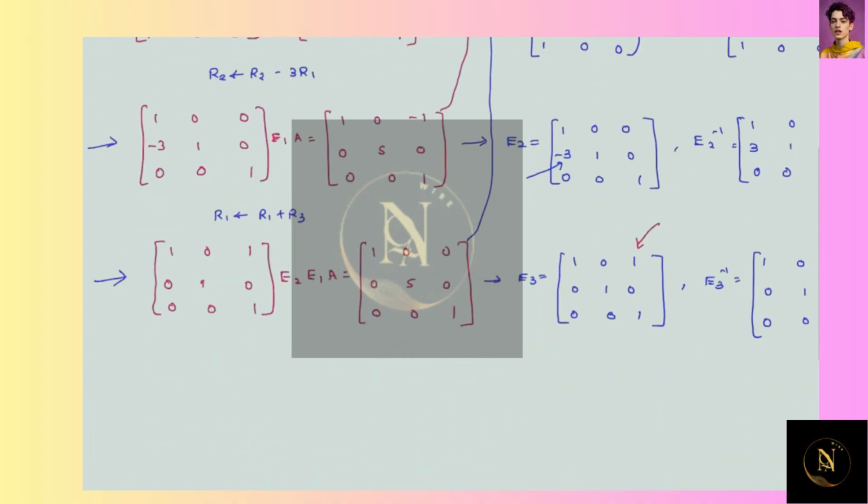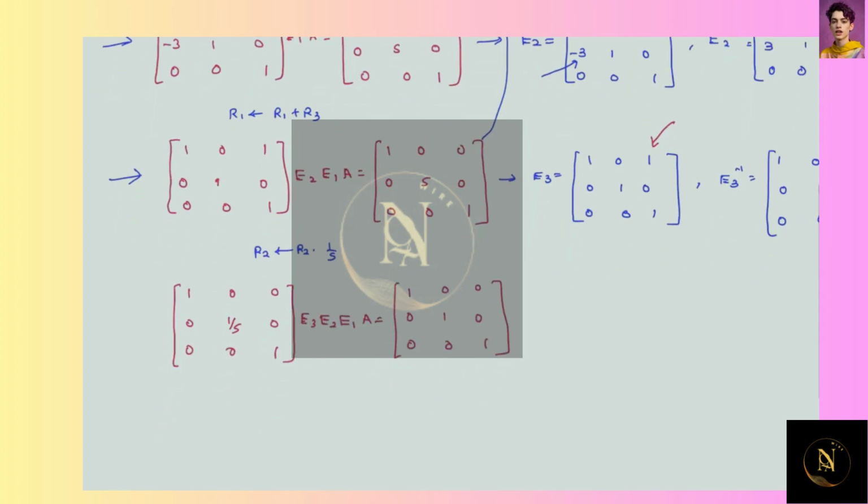So our row operation will be R2 multiplied by 1 by 5. Right, so here we can write now identity matrix. Right, so on the left hand side we have a fourth elementary matrix.